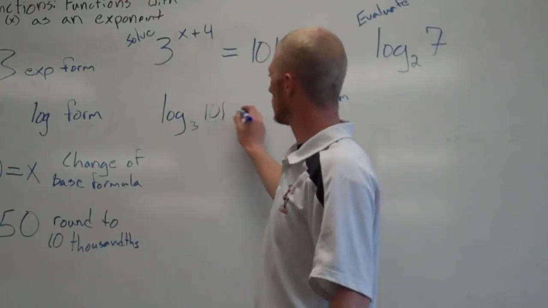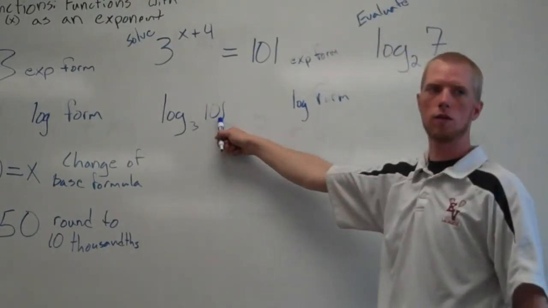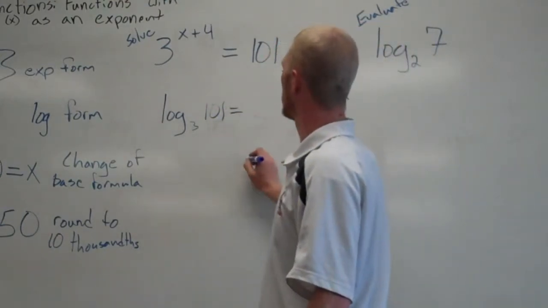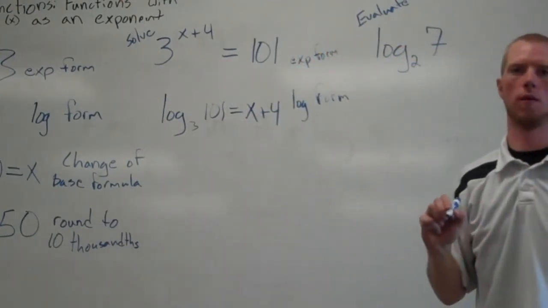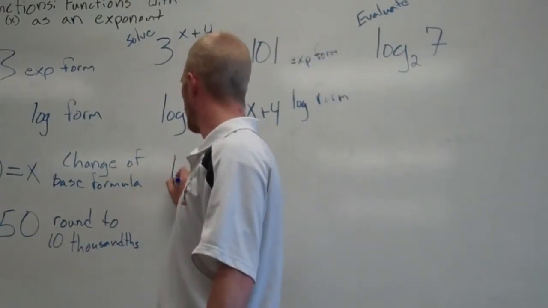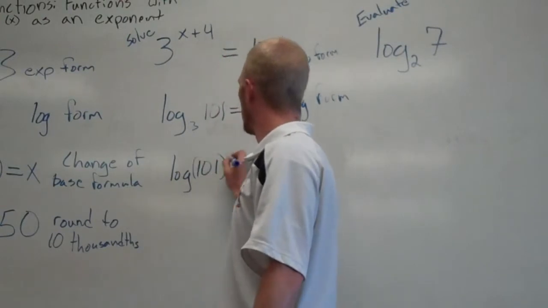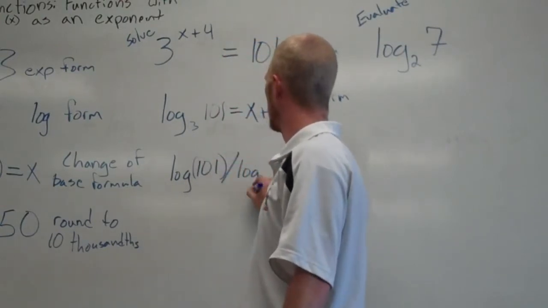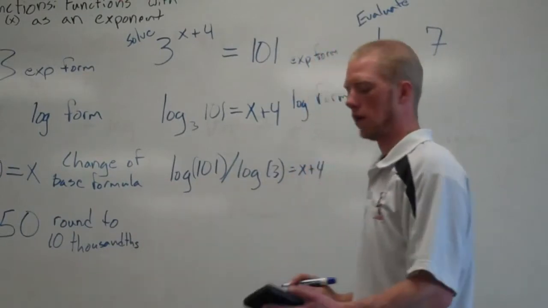The answer to the exponential equation becomes after the log. And it's going to equal the exponent, which is x plus 4. At this point, what you want to use is the change of base. So you have log 101 divided by log of 3 equals x plus 4.